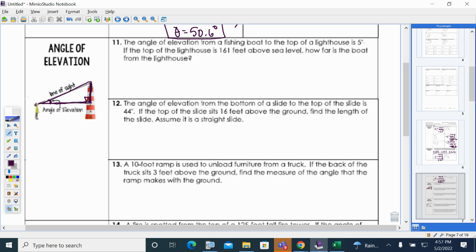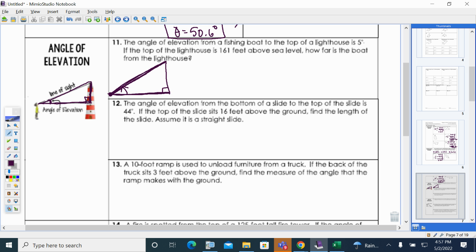So basically, what I do when I work these kinds of problems is I just create that right triangle with the understanding that the eyes are here. This is your line of sight. The hypotenuse is your line of sight. And the horizontal, which is the bottom, is going to be created by you and whatever distance you are from the object.